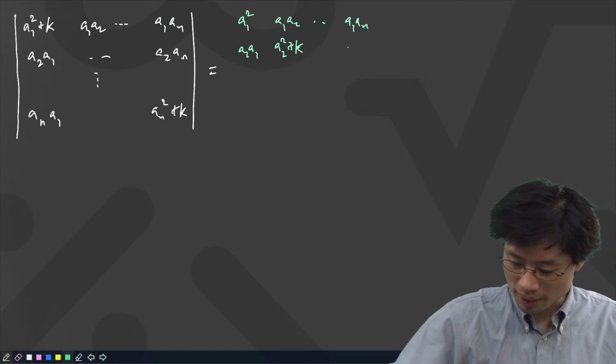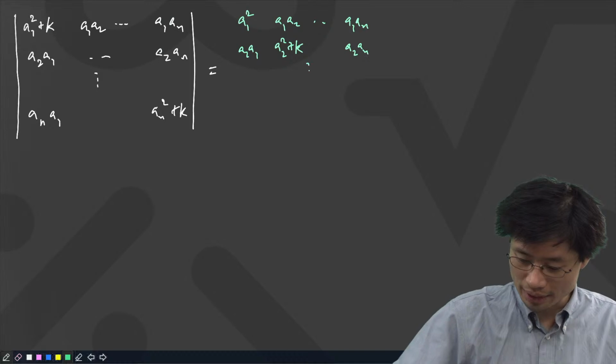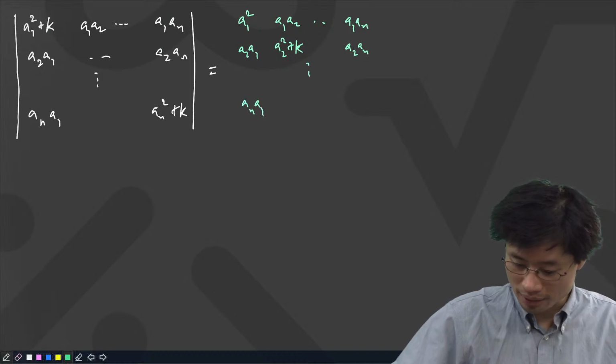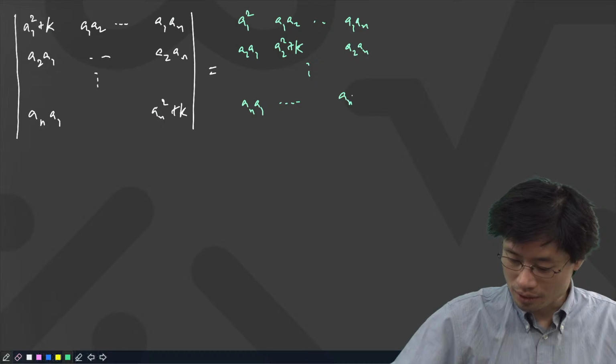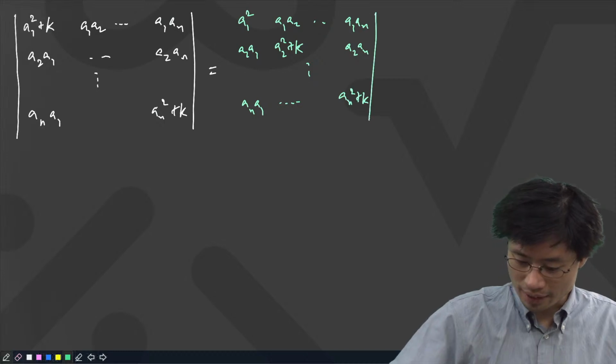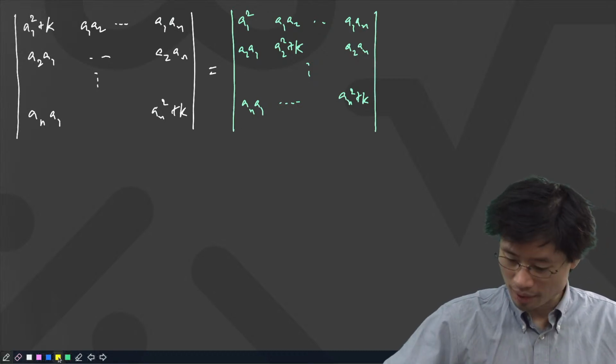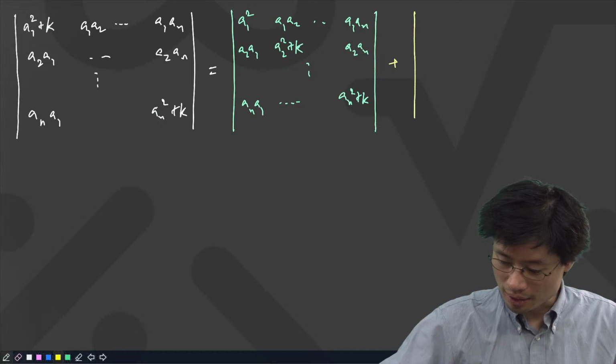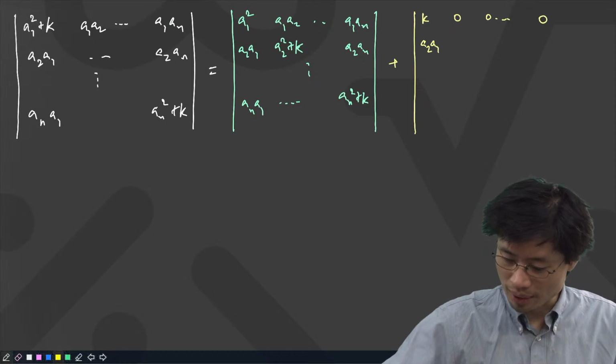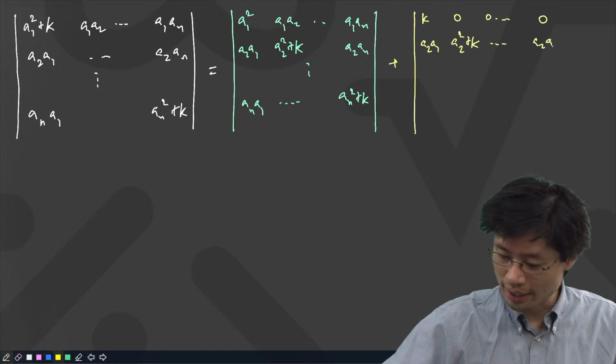Basically, I'm just splitting off the plus k on the first one. a2, an, dot, dot, dot, an, a1, dot, dot, dot, an squared plus k. Plus the same thing, just that in the top I have just the k, and then I have zeros. And the second thing is a2, a1, a2 squared plus k, and I'm just copying it, a2, an, dot, dot, dot, an, a1, dot, dot, dot, an squared plus k.